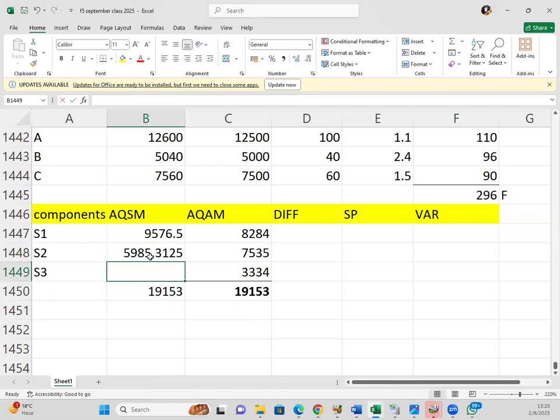The last one, it would be 3 over 16 times the amount we are sharing. Let's just round to 1.